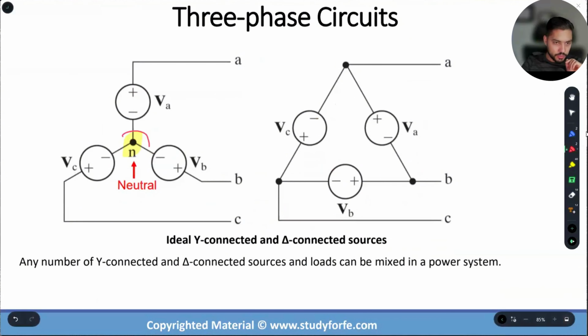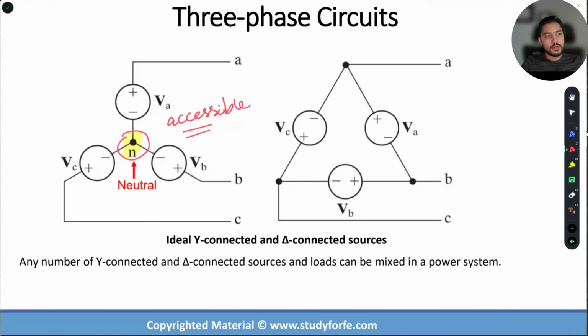We have a neutral that is accessible. Let me write it out. Accessible. All right. In a delta, surprise, surprise, I do have a neutral. Can you guys see there's a neutral on the delta? There is a neutral on the delta, but it is not accessible.